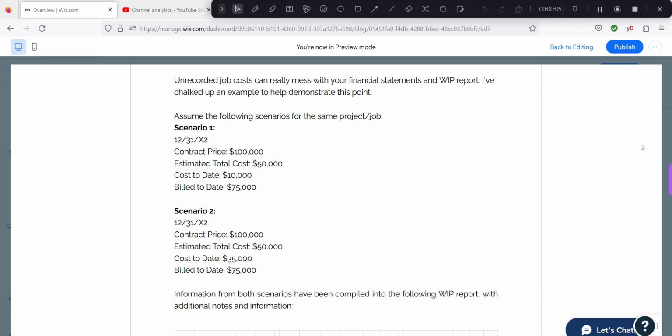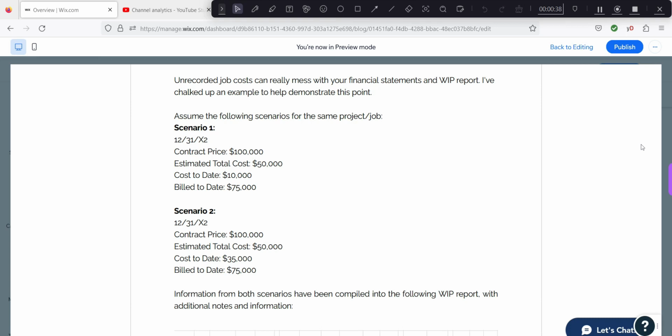In this lesson, we're going to cover the importance of recording job costs. And what does that mean? The importance, of course, is you've got to record job costs. What I mean in particular is when it comes to year end or period end, and it's time to close the month or the year, you want to make sure all of the costs you incurred on a project through that period or year end date are recorded, because it can really skew your financial statements.